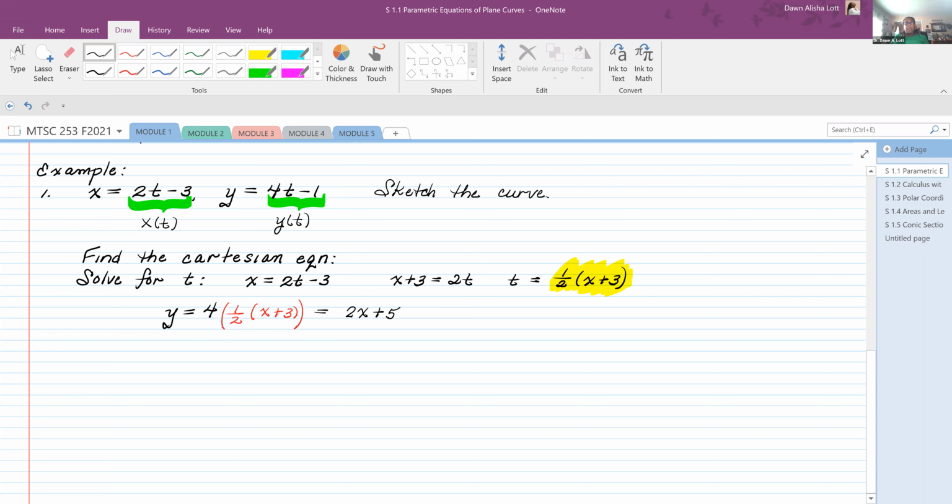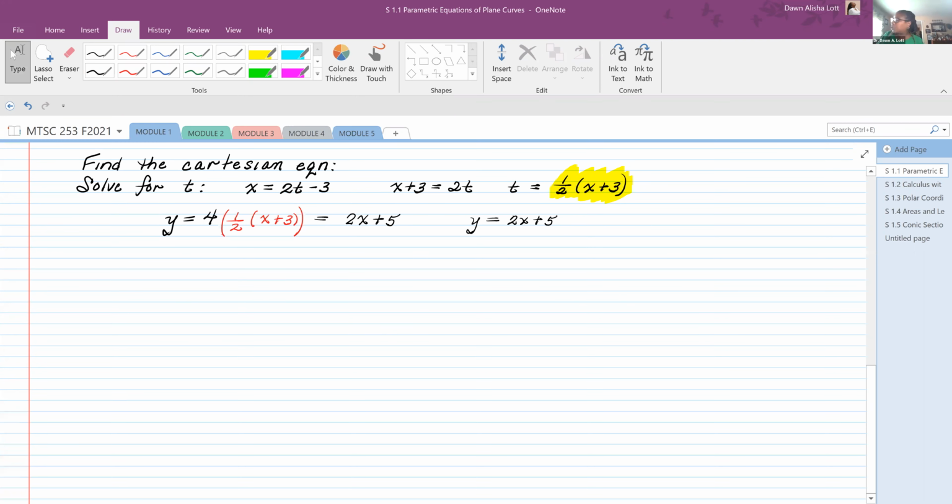So my Cartesian form is y is equal to 2x plus 5. Now that's easy to graph.